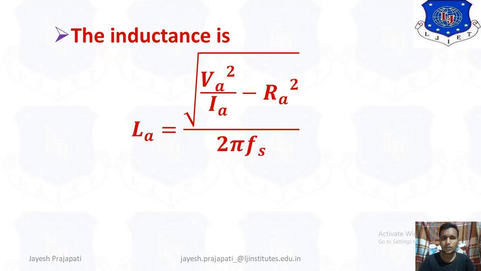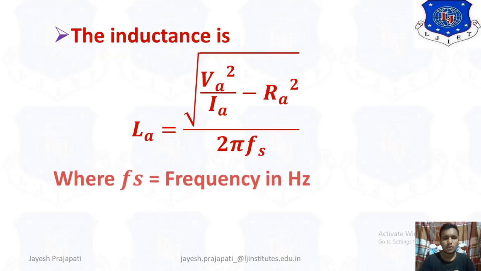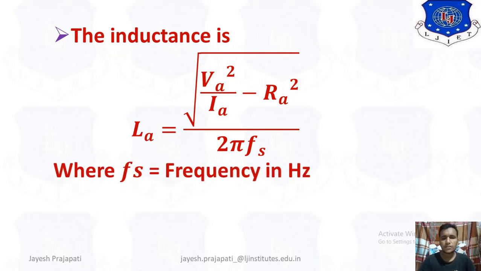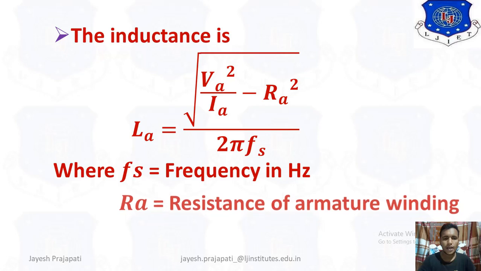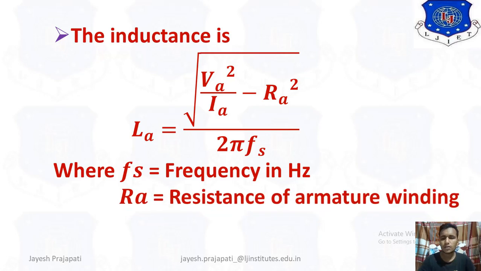That is the equation we use to measure the armature inductance from this experimental setup, where Fs is the frequency in Hertz and Ra is the resistance of the armature winding.